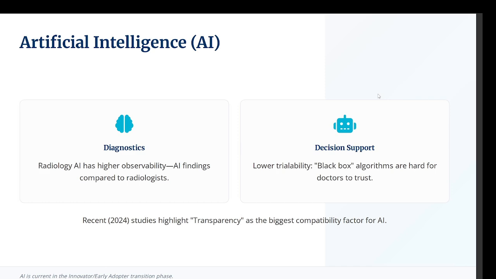AI adoption remains influenced by several factors including trust, transparency, regulatory approval, data quality, and ethical considerations.